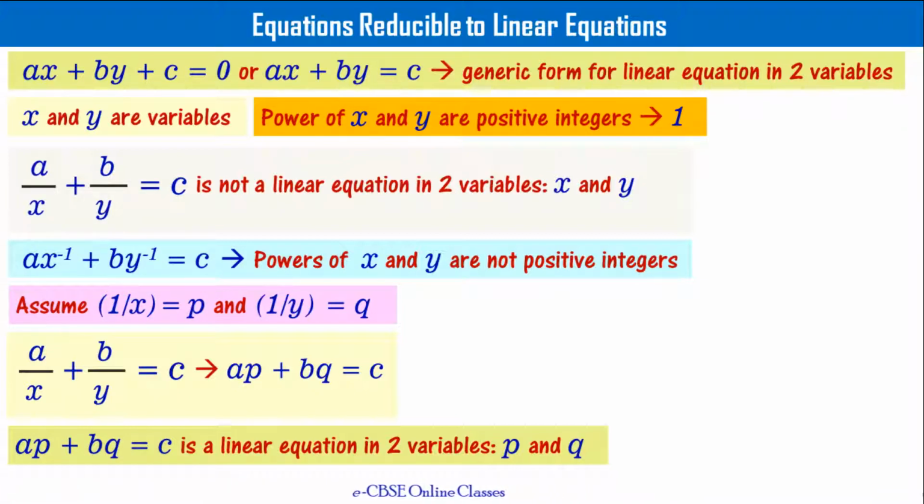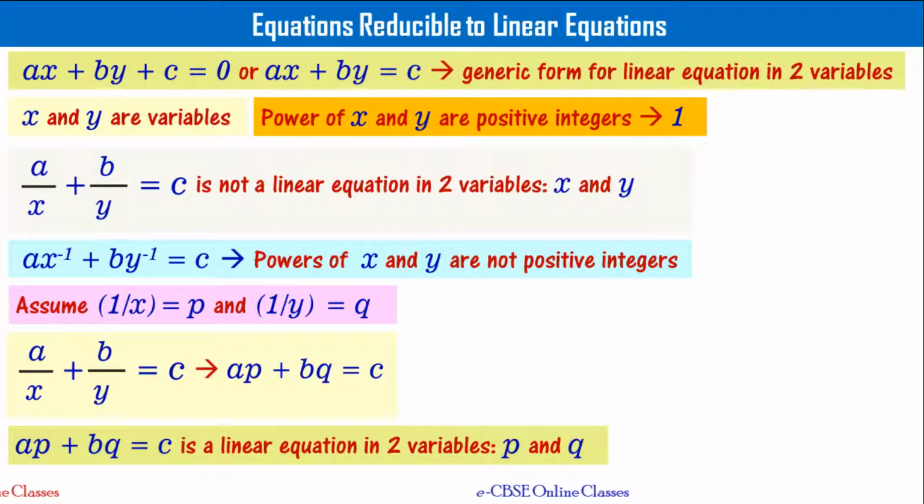What you have just learned is, though the actual equation given a by x plus b by y equal to c is not a linear equation in two variables, we could transform that equation into another linear equation in different variables, right?